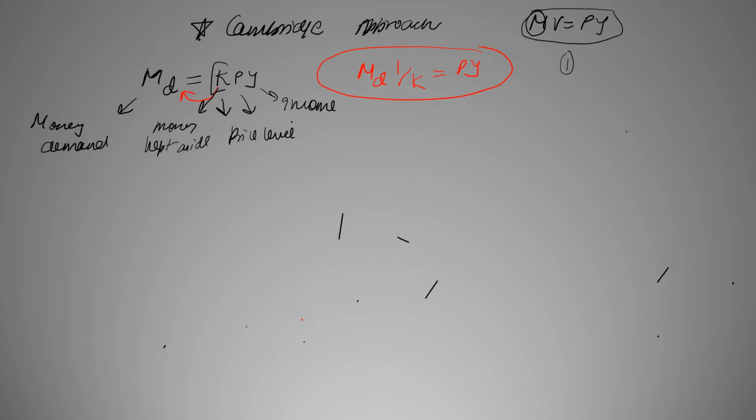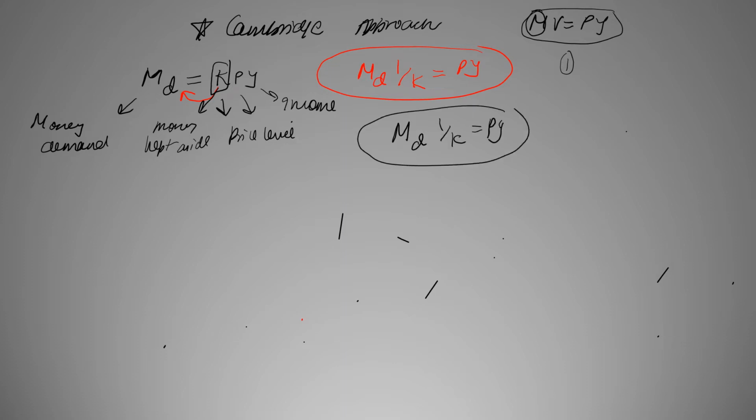So this part was K. So money demanded is the money kept aside, multiplied by price level, which means the price prevailing in the particular economy at that time, and Y being the income. So yes, this was our Cambridge approach.